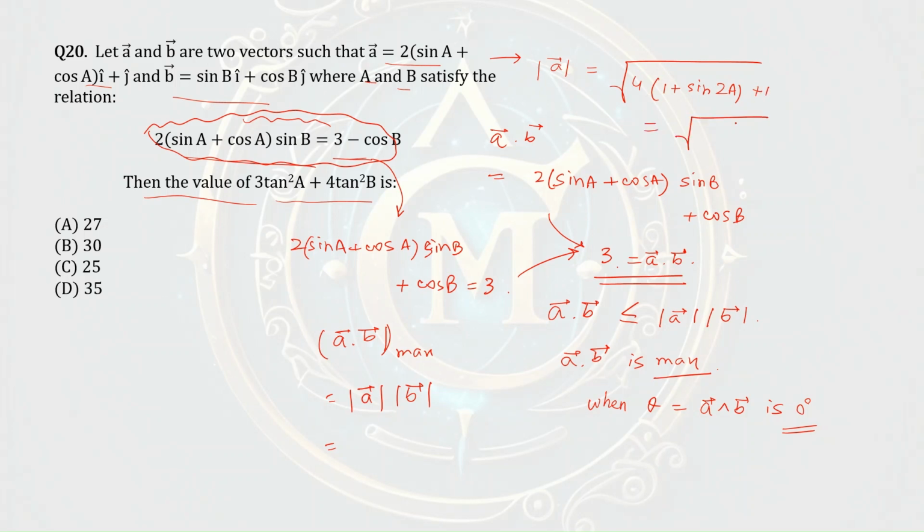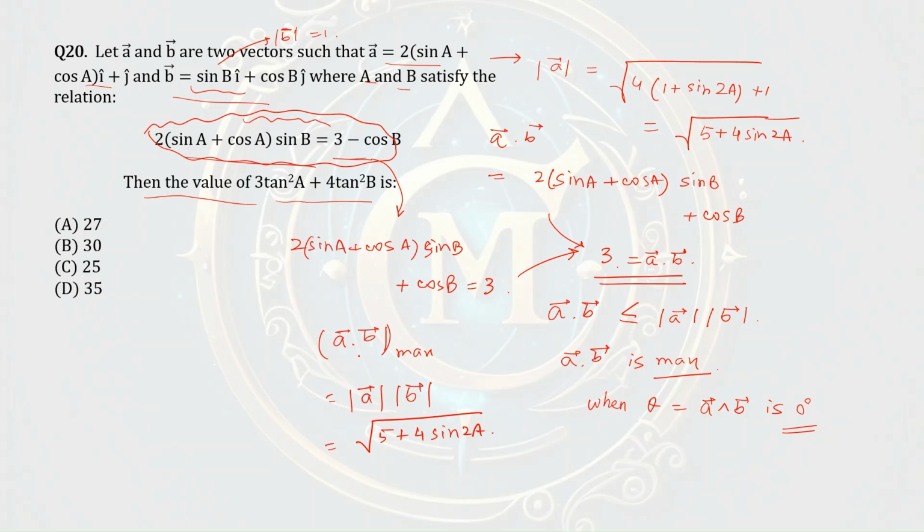So this becomes root under 5 plus 4 sin 2A, and the modulus of B is simply 1 because sin square B plus cos square B is 1. That means modulus of B is 1. So modulus of A is root of 5 plus 4 sin 2A.